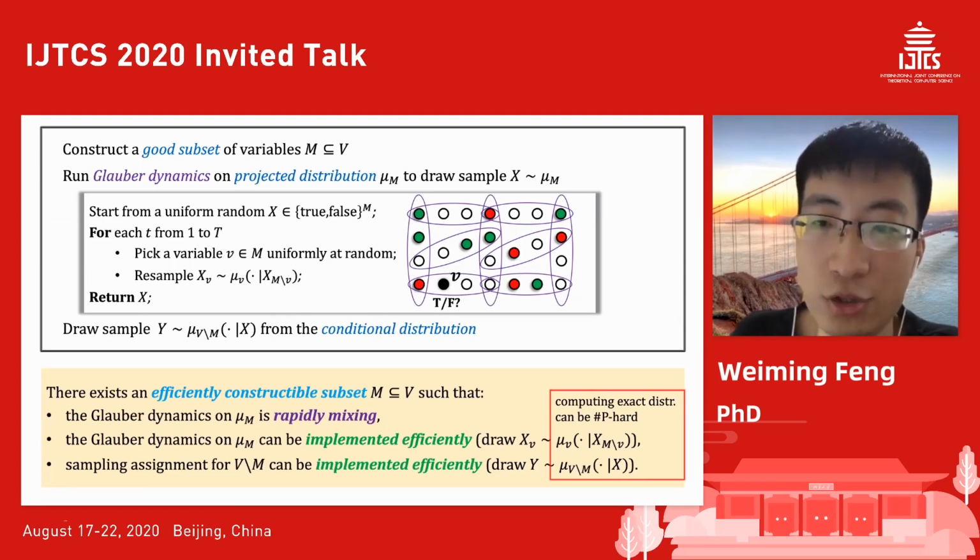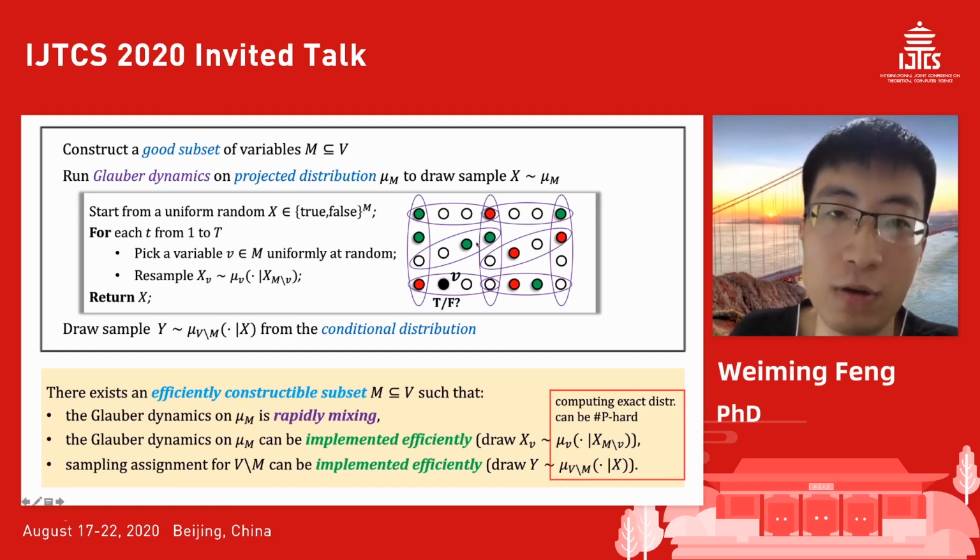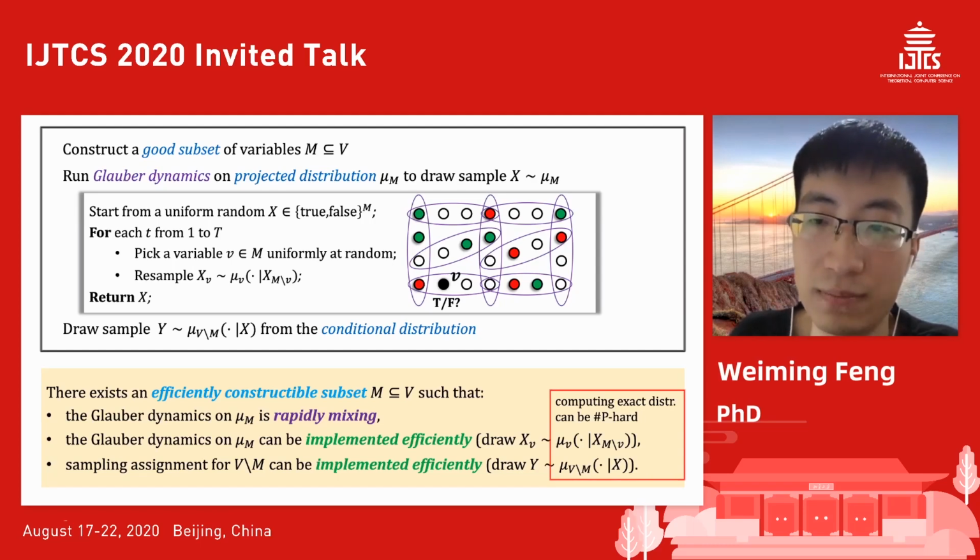The implementation is not trivial because in every step, we need to resample X_v from the conditional distribution. Such a condition only fixes the value of variables in set M. So computing such a conditional distribution involves a non-trivial counting problem.